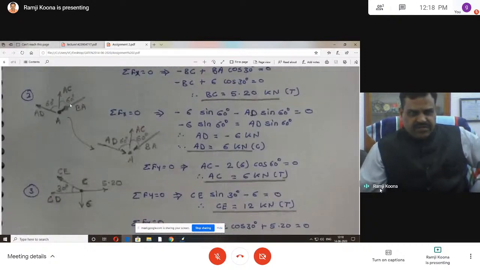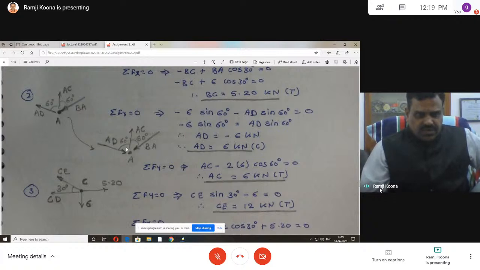These are the angles, AC, BA, and now resolve the forces. Summation of horizontal forces: BA sin 60 minus AD sin 60, both acting, is equal to 0.